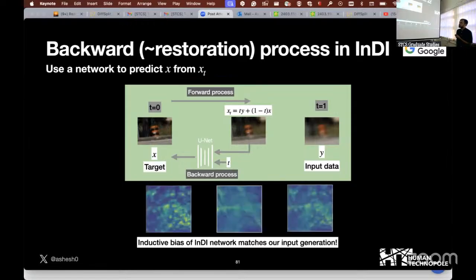So I hope you see that this has a very direct relation with the kind of inputs that we had. Our inputs are differently mixed, and from there, we want to get to the clean estimates of the individual structures. So the inductive bias of this INDI network matches perfectly with the way inputs are generated in microscopy.